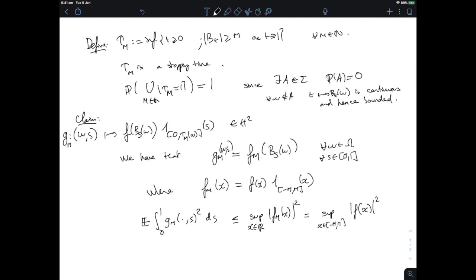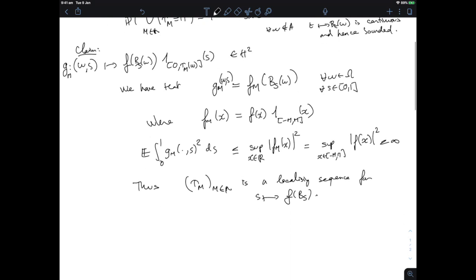So if I take the supremum of a continuous function on a compact interval, I get something finite. So Gm is therefore, for every capital M, in H2, and that is to say that tau m as a family of stopping times indexed by m is a localizing sequence for the process s goes to f of Bs.